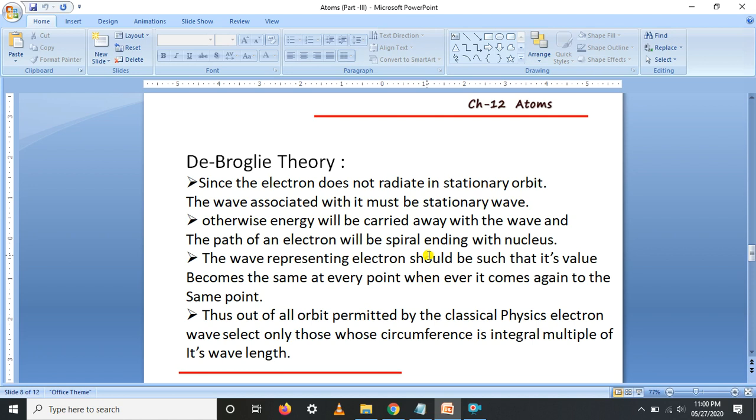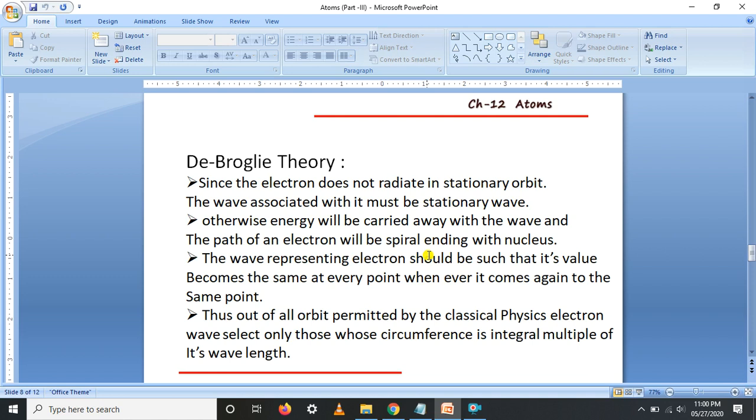join the nucleus only, because for a fixed orbit, if it is revolving and takes some energy every time, then for every circular path the energy will decrease and the electron will revolve in a spiral ending and join the nucleus only.